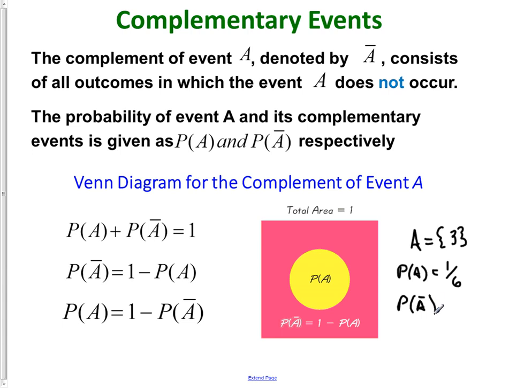Well, its complement would be 1 minus 1/6 by this rule, which would be 5 out of 6. What is event not A, its complement? Event not A is a roll of our die that includes anything but a 3. So if we roll a 1, a 2, a 4, a 5, or a 6, there are 5 ways that could happen out of a total of 6 faces, so 5 out of 6.